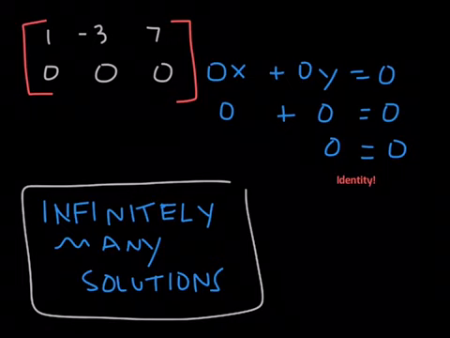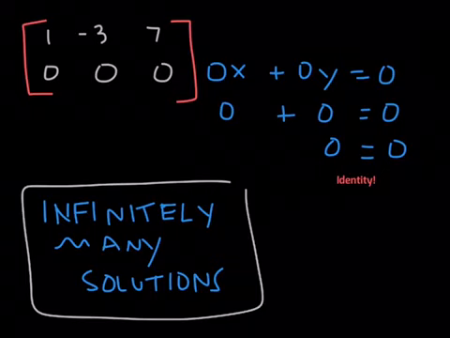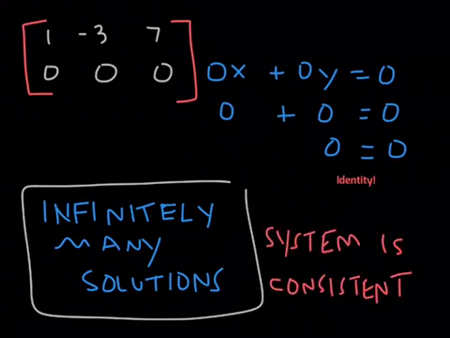If you're talking about planes, that means equations in three variables, these three planes lie right on top of each other, having infinitely many points of intersection. Please don't say all real numbers. That's something different. So you say infinitely many solutions. In this case, the system would be consistent. Okay, the system would be consistent.